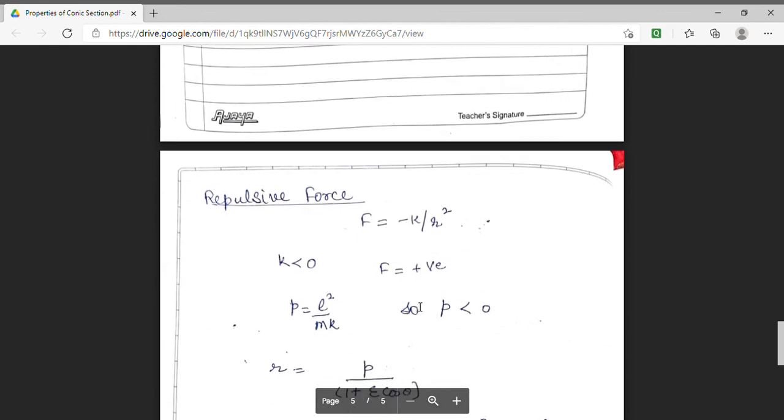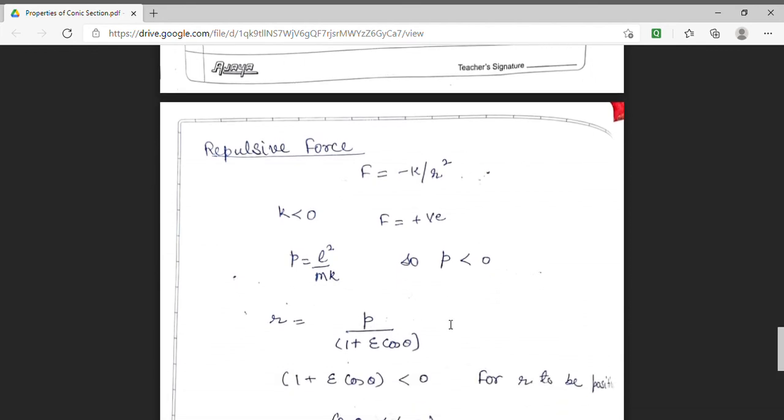Now since p is L square upon mk, and k is less than 0, p will be less than 0.